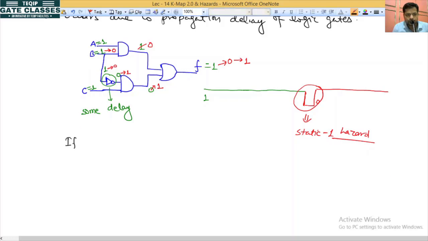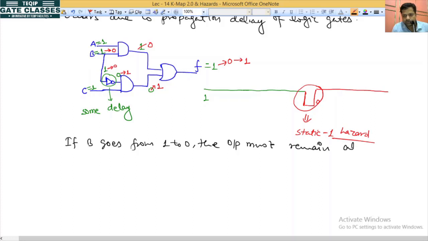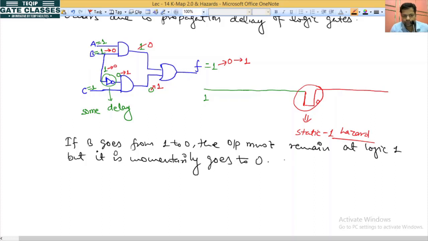So if B goes from 1 to 0, the output must remain at logic 1, but it momentarily goes to 0.